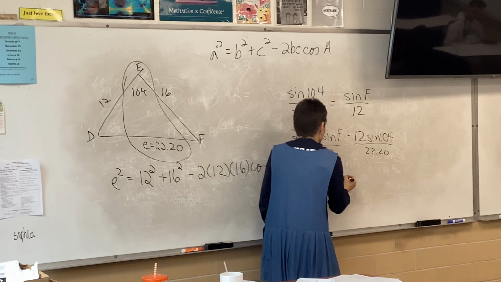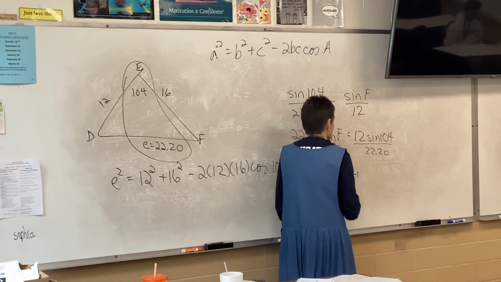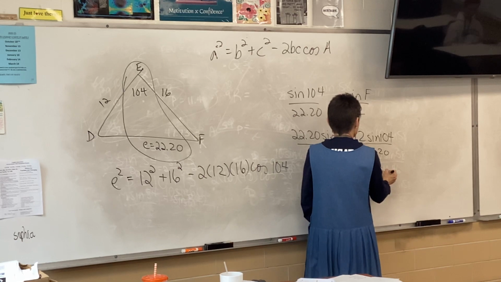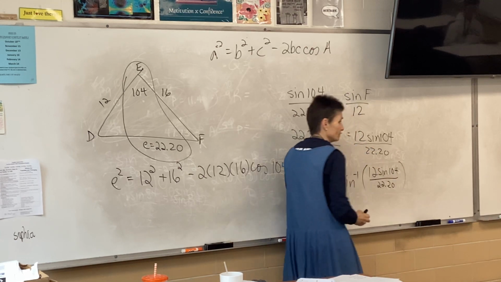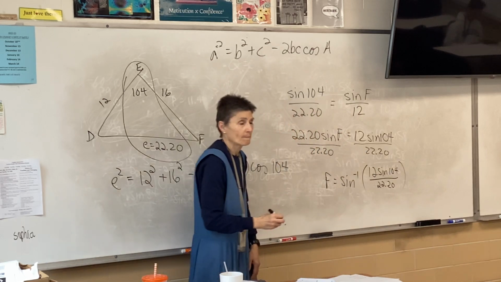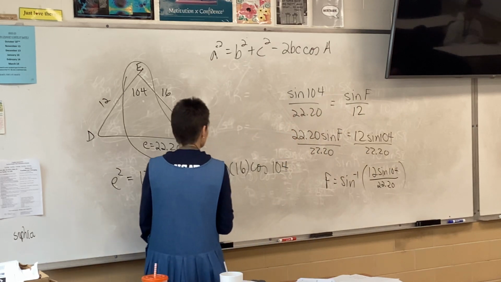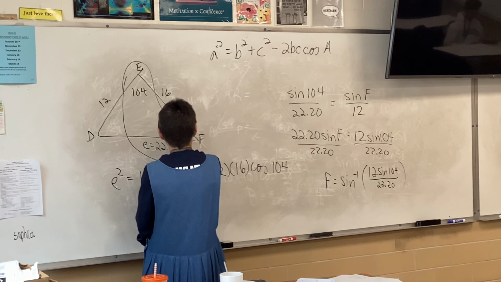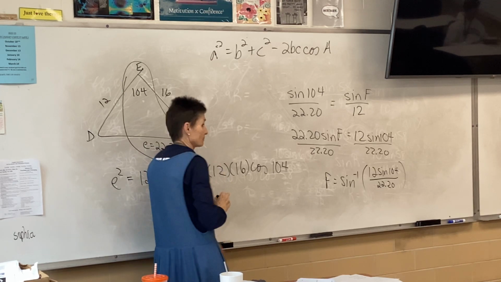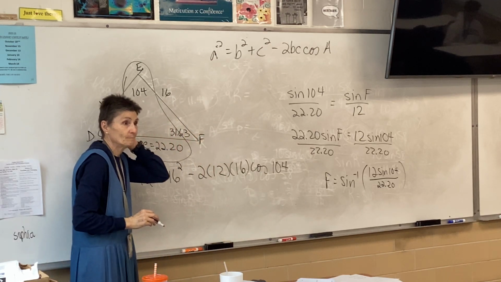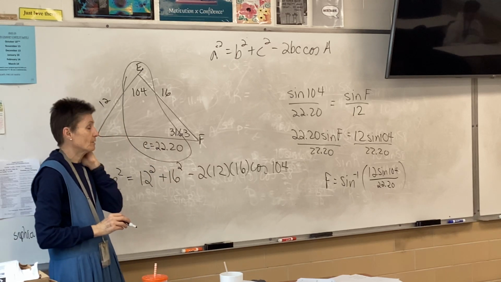So F is going to be the angle whose sine is 12 sine 104 divided by 22.20. 31.63. Jacob says, what'd you say, 31.63? Anybody match that? Yep, he's right, good deal.